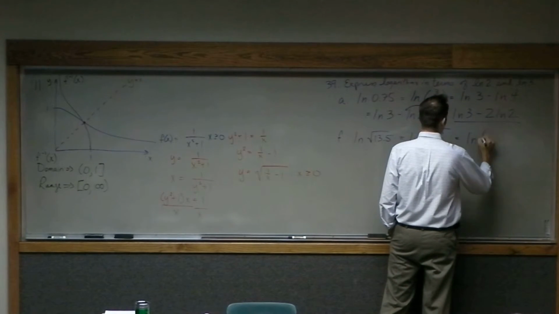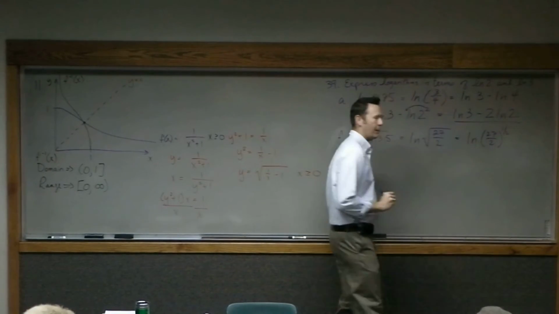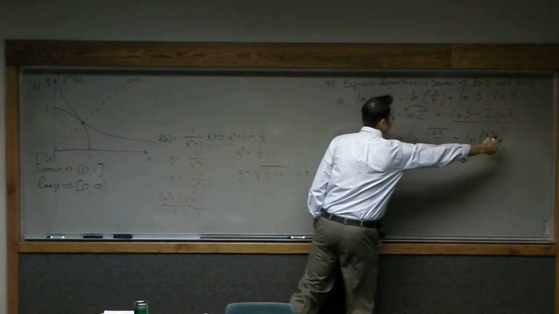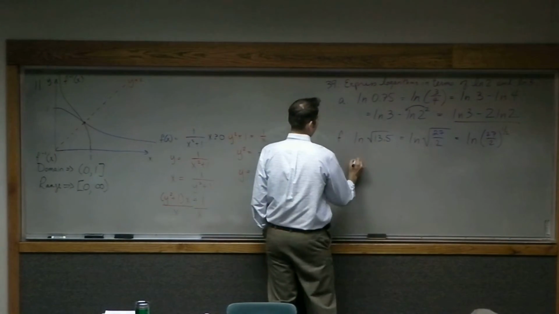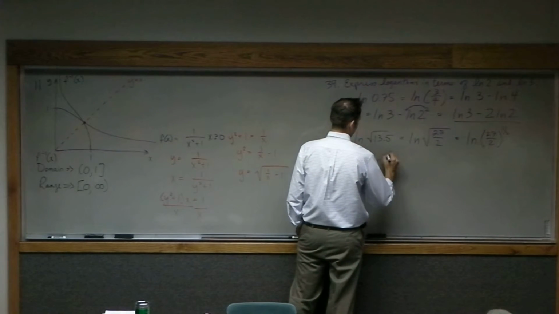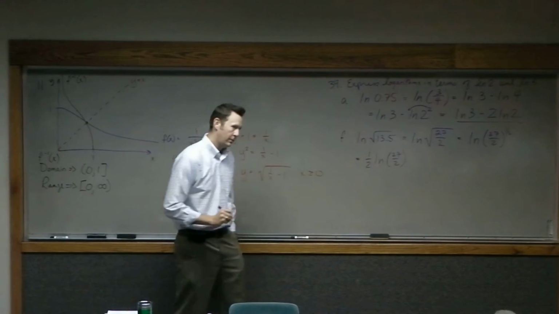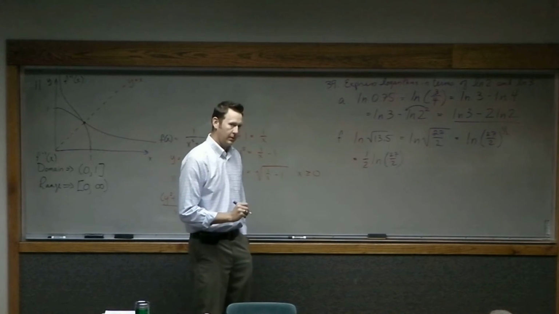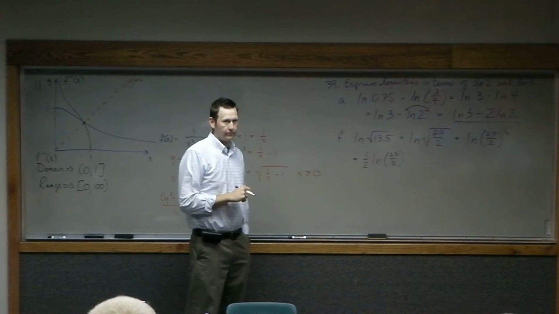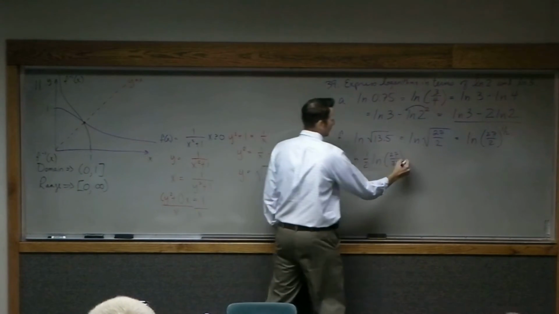This will be the natural log of 27 halves to the 1/2 power, which is the same as the square root. And what can we do with our exponent? Move it out front. Natural log of 27 minus natural log of 2. Okay, we can't forget our 1/2, right? Put it in front.